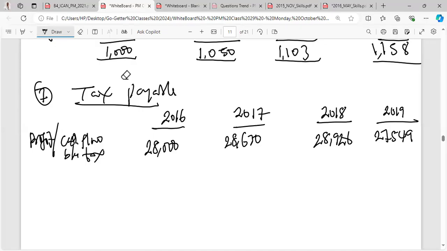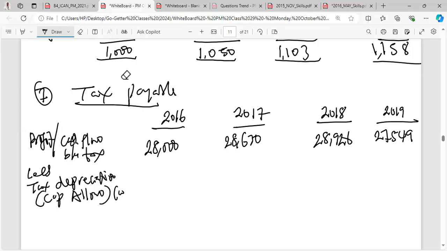Now here's the profit before tax. We will need to remove capital allowance, which is the tax depreciation, otherwise known as capital allowance. We are going to use workings number 8 to do that.